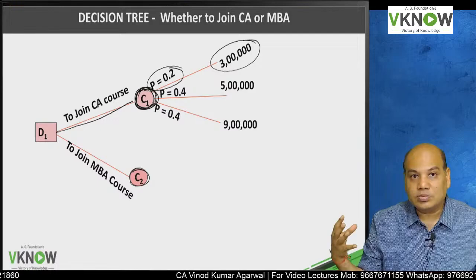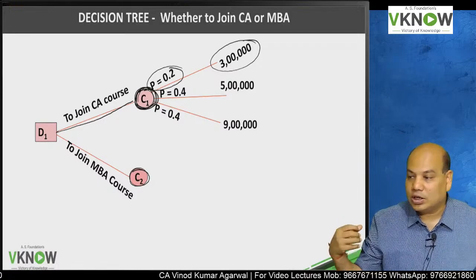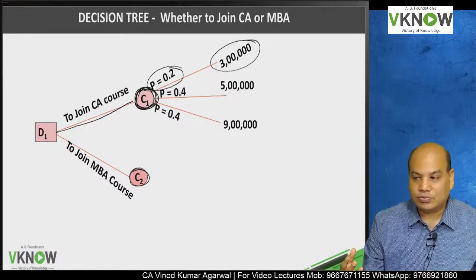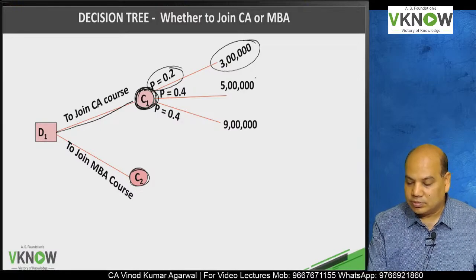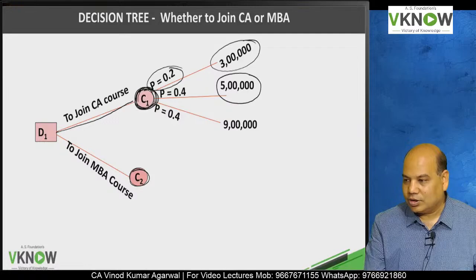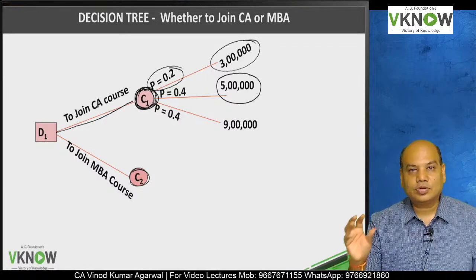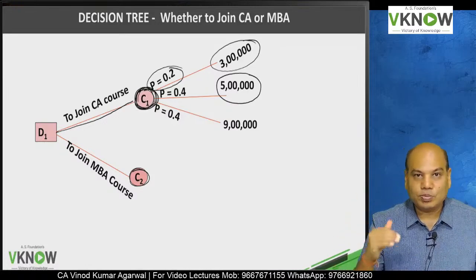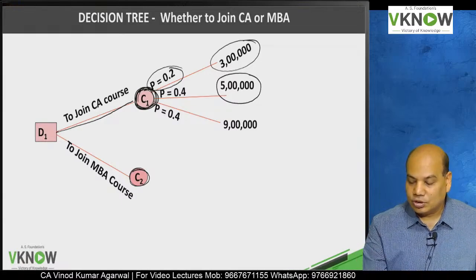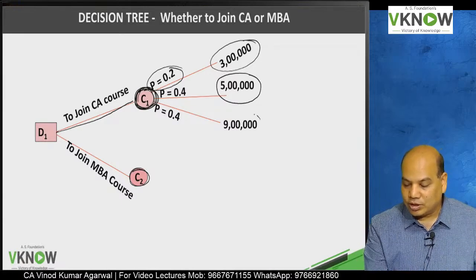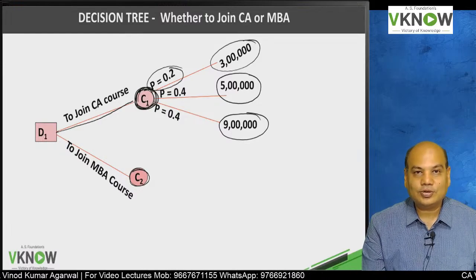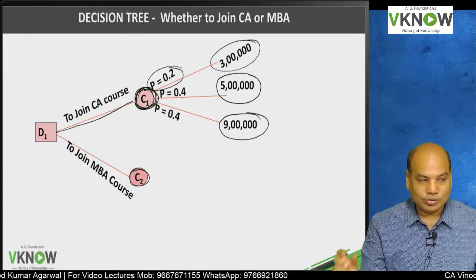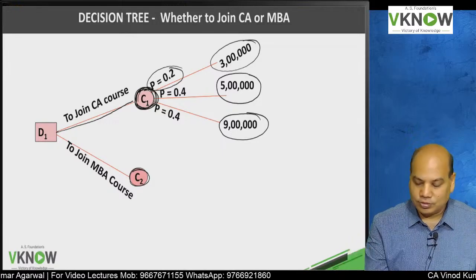You will become CA, let us say, in 1 or 2 attempts. Your salary will be 5 lakh, whose probability is 0.4. Or you can become a rank holder also, and your salary will be 9 lakh, whose probability is 0.4.